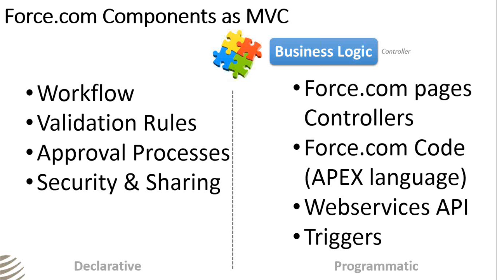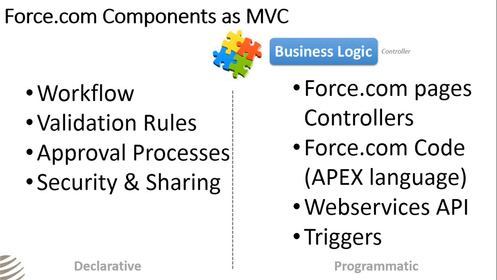And on the programmatic side, you can have controllers, similar to servlets in Java or struts controllers. And Salesforce or force.com has its own language called Apex. It's similar to .NET programming or Java programming.